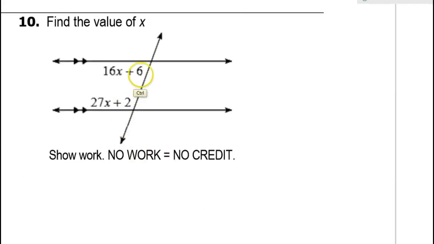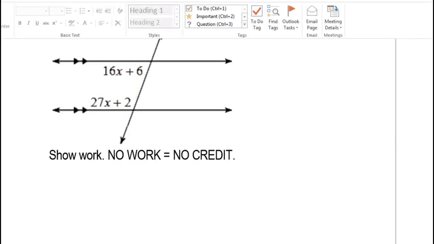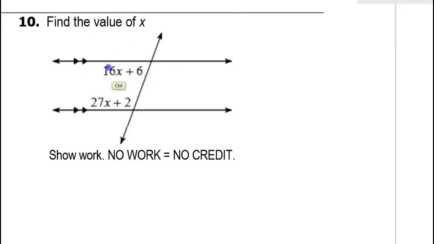And finally, number 10. These are consecutive interior angles. When you have parallel lines cut by a transversal, see how these angles are sort of in the same bucket together? They're in the same little cave. Whenever that happens, these are going to be supplementary. These have to add up to 180.